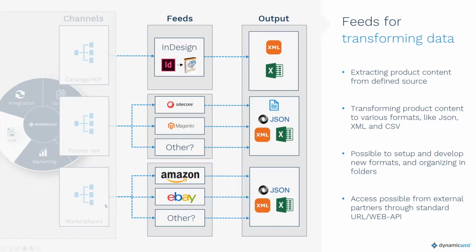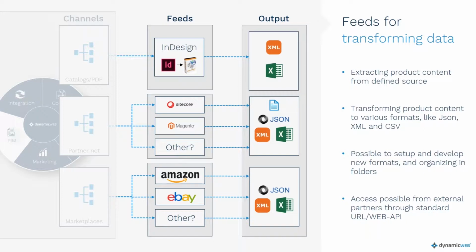And finally, we maybe also have a channel where we want to maintain products that go into different marketplaces. The best known marketplaces are probably Amazon and eBay, but as you may know, there are a lot of local marketplaces around the world. A lot of these marketplaces have a specific format, and you can set up that format in our distribution provider.